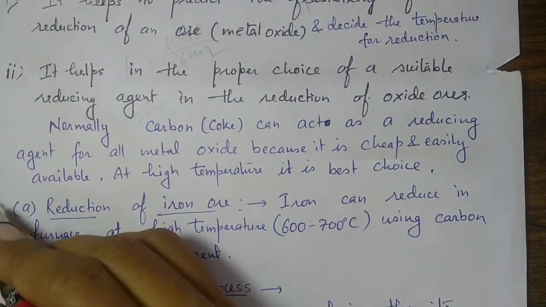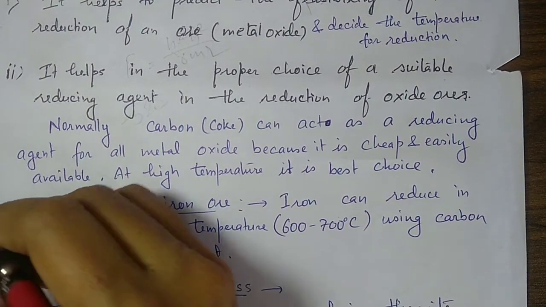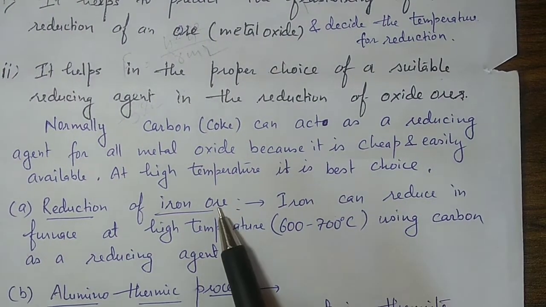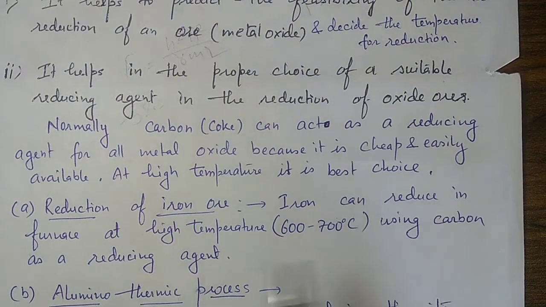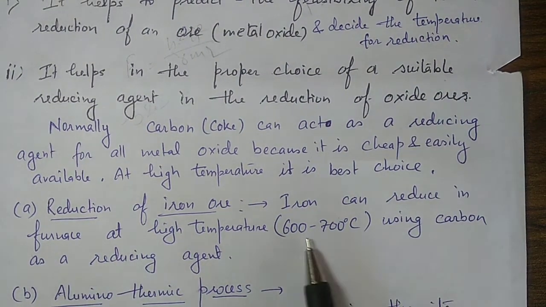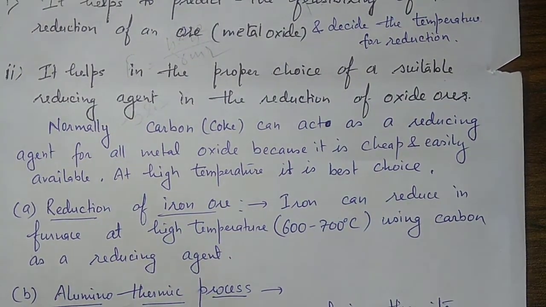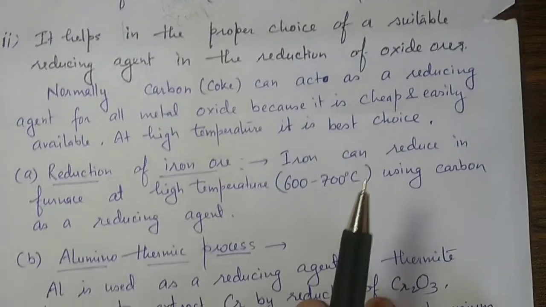Then you can see some examples, that is reduction of iron. Iron can be reduced in a furnace at high temperature, 600 to 700, using carbon as reducing agent.